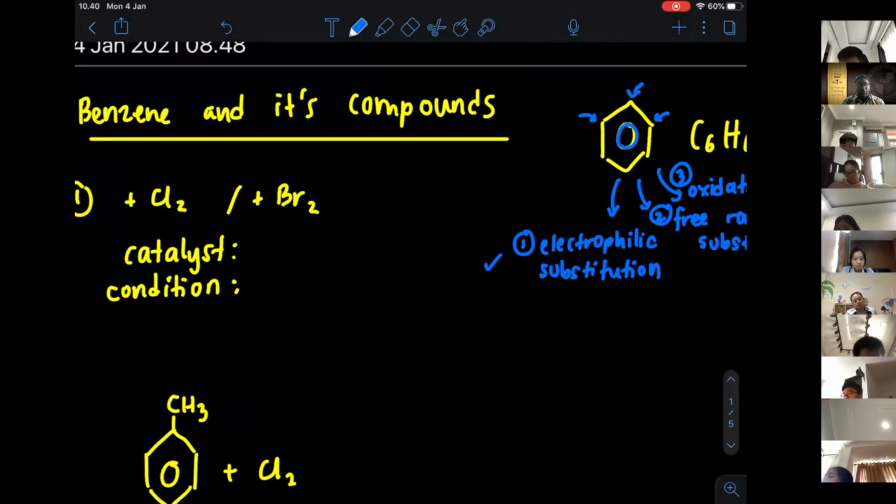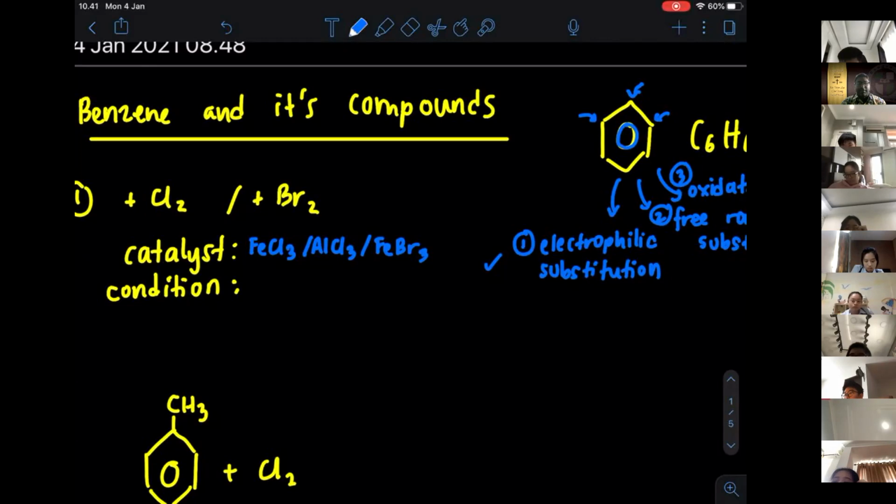If you are using Cl2, you use a catalyst, which is FeCl3 or AlCl3. If you are substituting using Br2, you have to use FeBr3. Their function is to act as catalysts, known as halogen carriers. They carry the halogen, Cl or Br, and substitute it into the benzene ring.